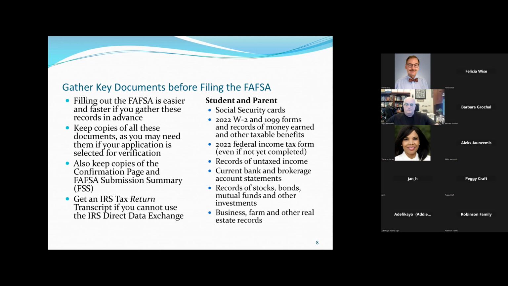Bank accounts include checking and savings accounts, money markets accounts, and CDs, certificates of deposit. And you also want to include any Uniform Gift to Minors Act, UGMA, or Uniform Transfer to Minors Act, UTMA accounts.